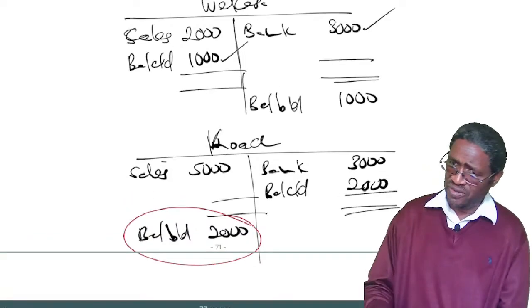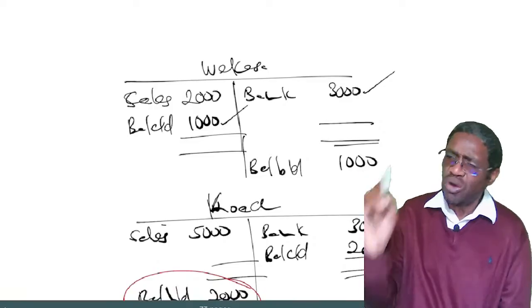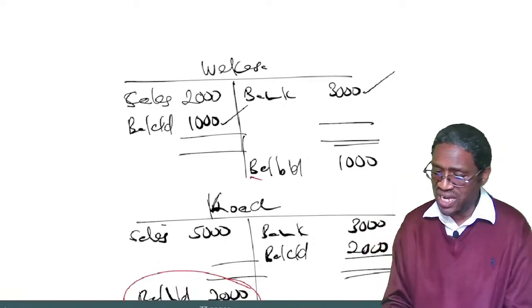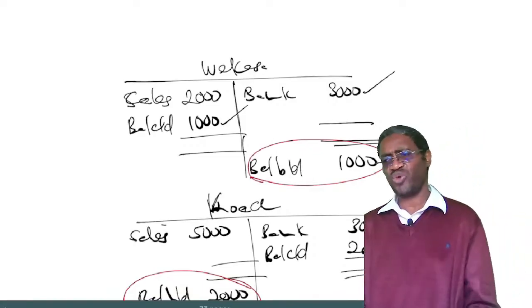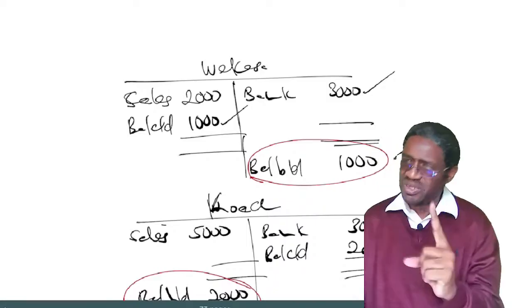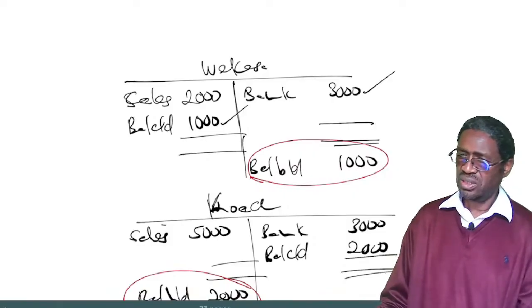But listen carefully now, it may happen that you also have some debtors accounts which have a credit balance, like the first one of Wekesa. Wekesa's account is not a debit balance. Wekesa's account is a credit balance.